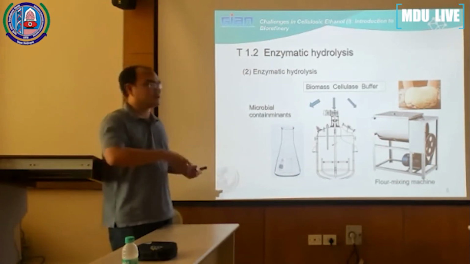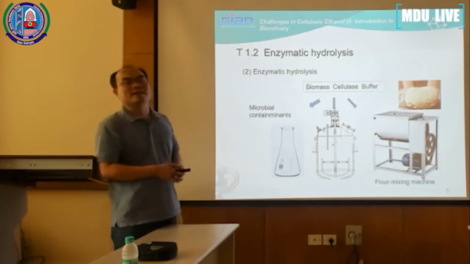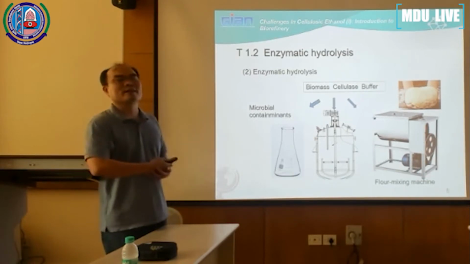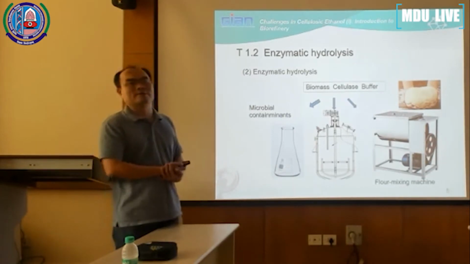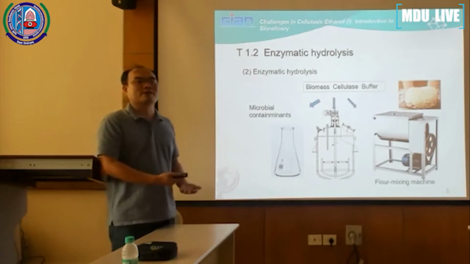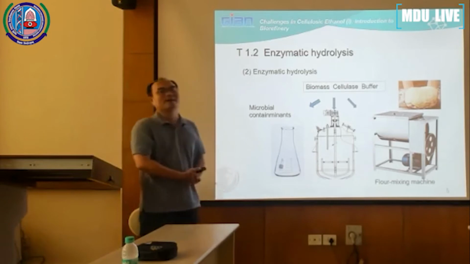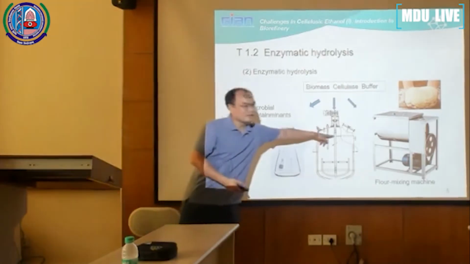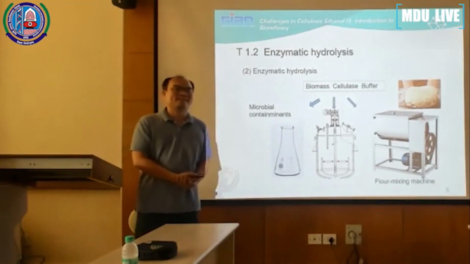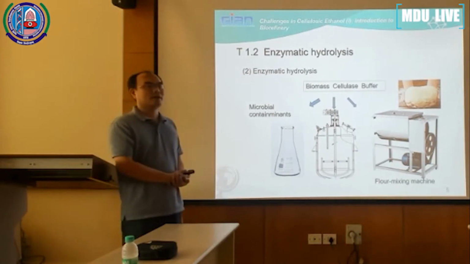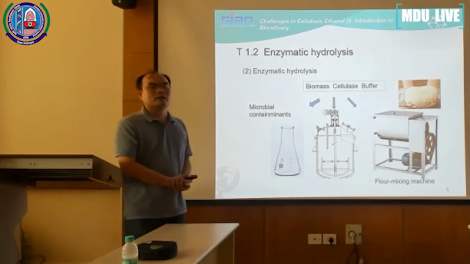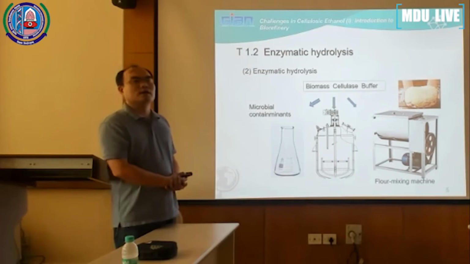But in a flask we have a rotary shaker, strong shaking at 200 RPM, so liquefaction is not a big problem. But for this one, no. Sometimes it works. Inside this third one, there is no central shaft to uniformly mix the solution.